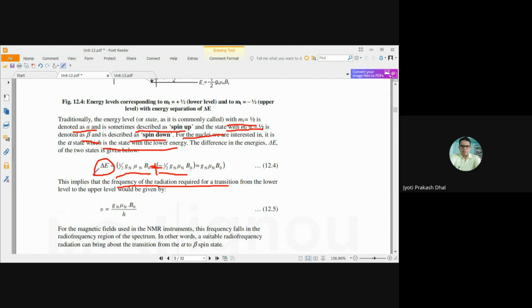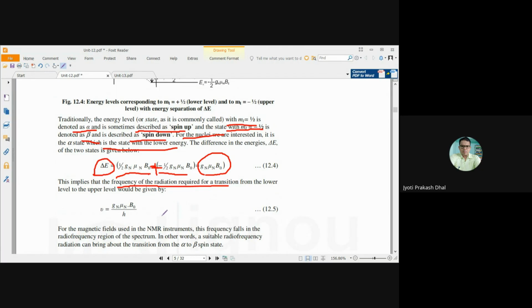This much energy, g_n mu_n B0, is required for flipping the nucleus between the two states. The frequency of the radiation required for a transition from the lower spin state to the upper spin state follows from del E equals h nu.